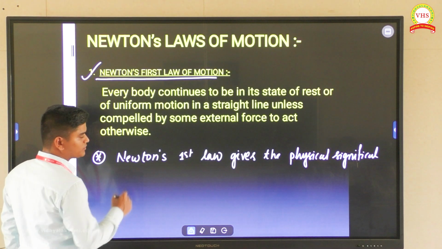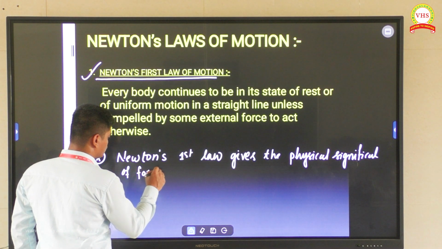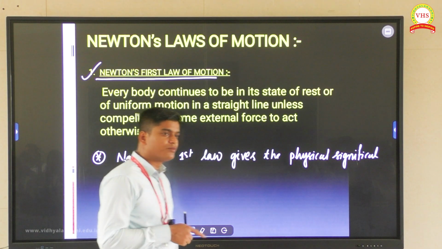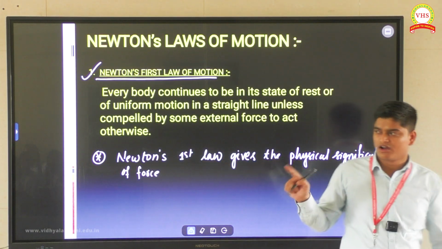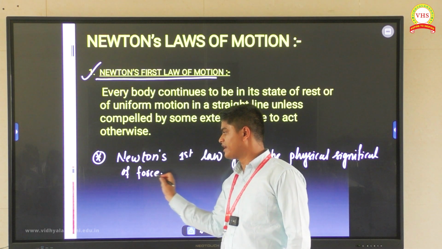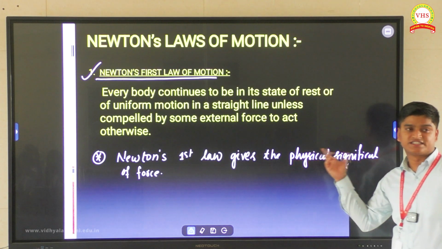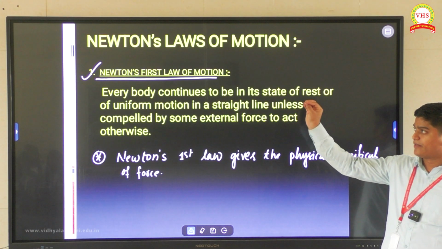Newton's first law. That means to change the direction of an object, to move an object, or to stop an object, you need a force, an external agency. So the physical significance of force is given by this law.